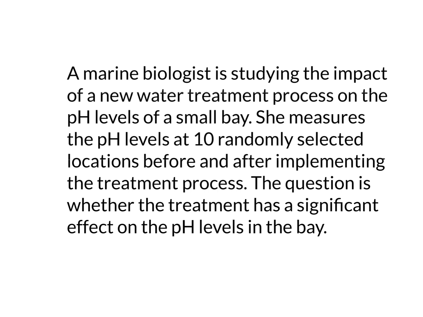And then the question is whether this treatment has some kind of effect on the pH levels in the bay. So each individual is tested both before and after. That means that we do for sure have paired data.